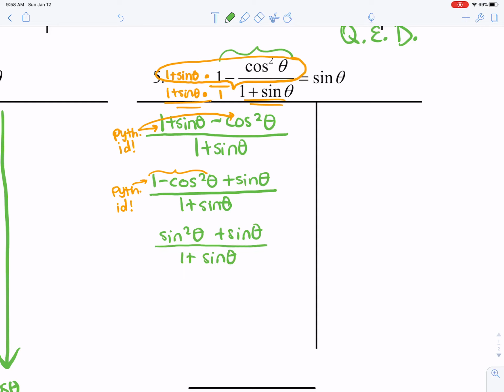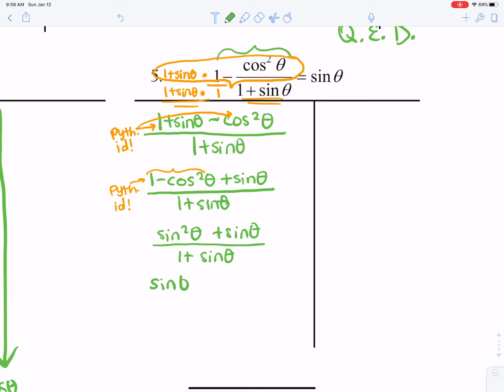We're getting close. We're getting ready to get a single sine theta. Let's see what else we can do, though. Sine squared theta plus sine theta. Oh, I know. Let's pull out a sine theta: sine theta and sine theta plus 1.